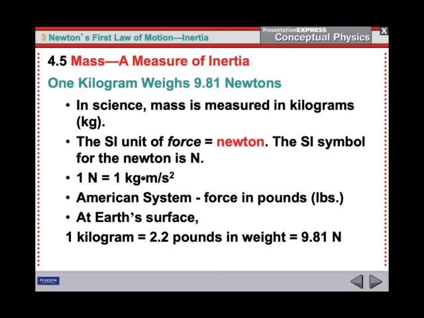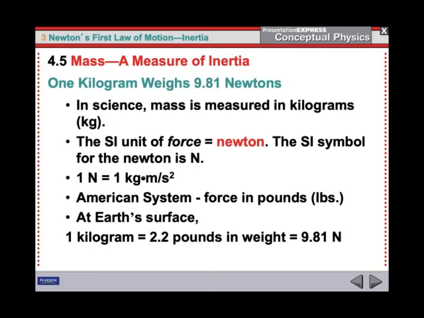Whoa, this is a lot of stuff here. Okay, let's attack this one line at a time. One kilogram weighs 9.81 newtons. Newton is the unit used for forces. I'm going to use newtons a lot. Mass is measured in kilograms. You know that.